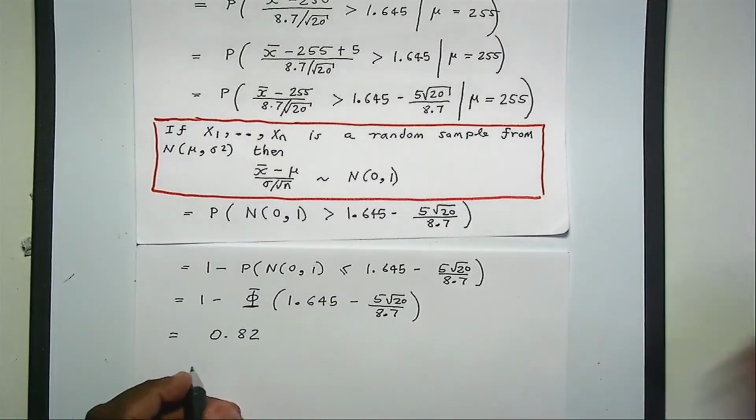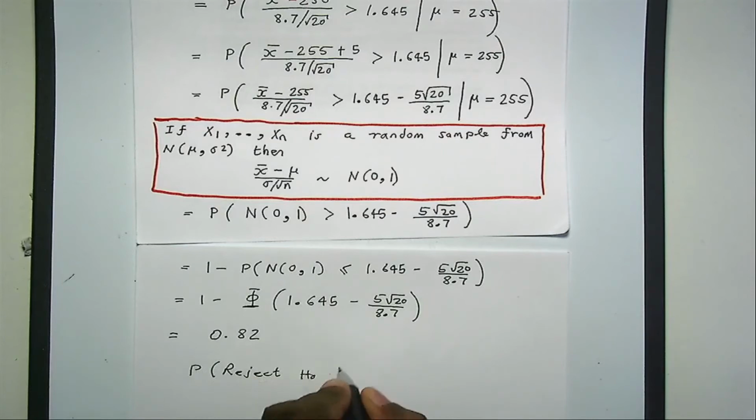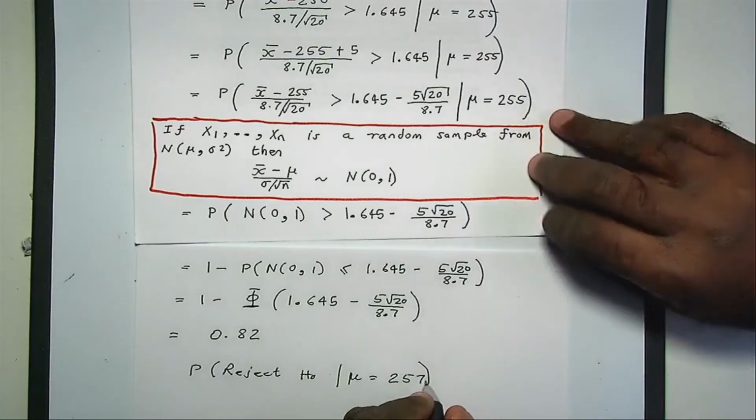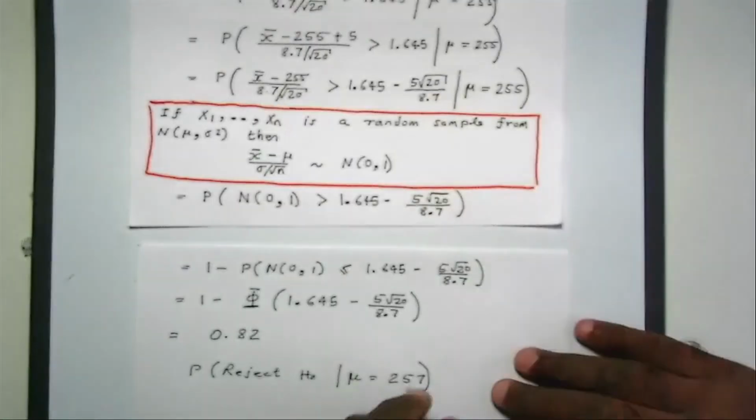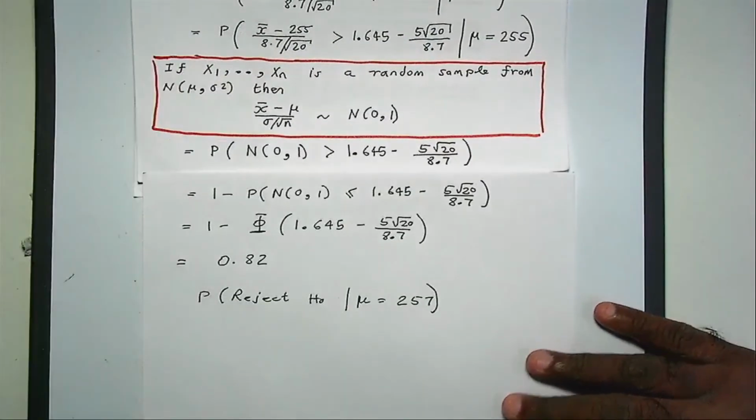The next thing we want to find is the probability of rejecting H0 when the true population mean is 257. It will be the same process one more time.